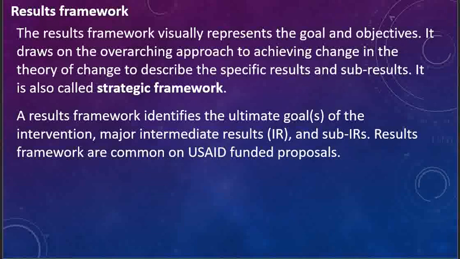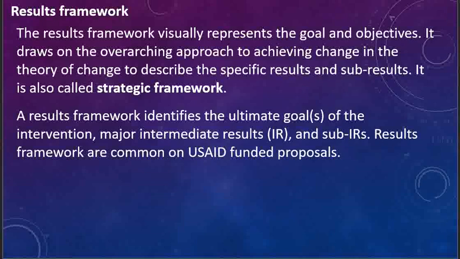All right. A result framework identifies the ultimate goal, that is the overall general goal of the project or of the intervention. Major intermediate results, which lead to, of course, the general or ultimate goal.